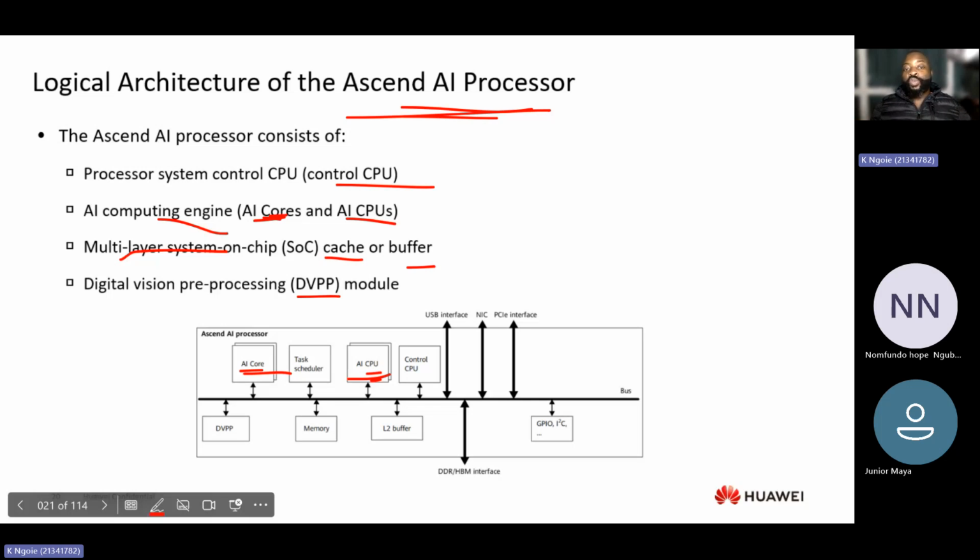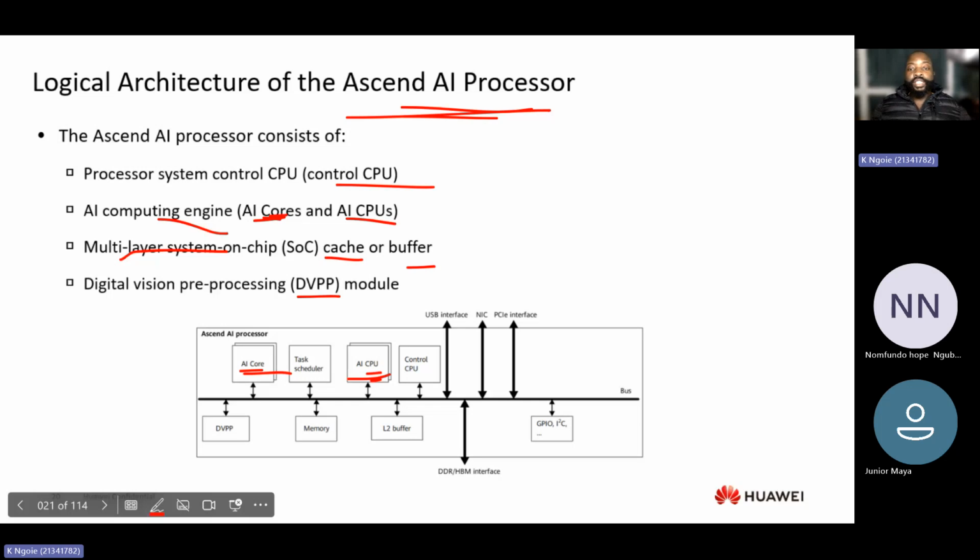That means the CPU will decide what resource in the memory space can be allocated to a certain software. And then the CPU will also manage how the power is allocated as well.